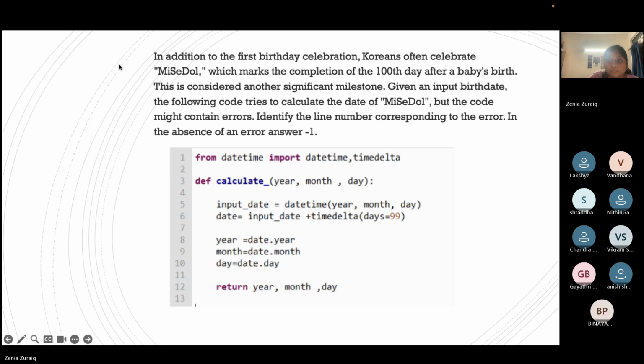Others? Sixth line contains error. Any other answers? I'll give 2 more minutes.